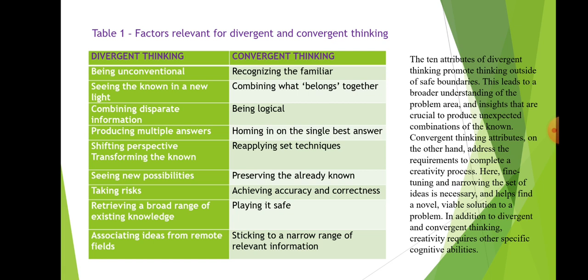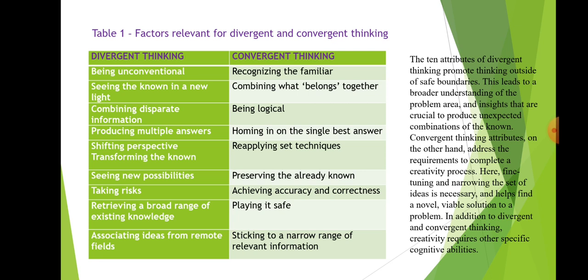The 10 attributes of divergent thinking promote thinking outside of safe boundaries. This leads to a broader understanding of the problem area and insights that are crucial to produce unexpected combinations of the known.